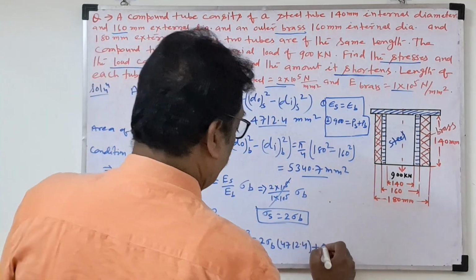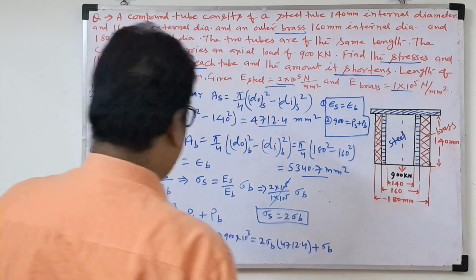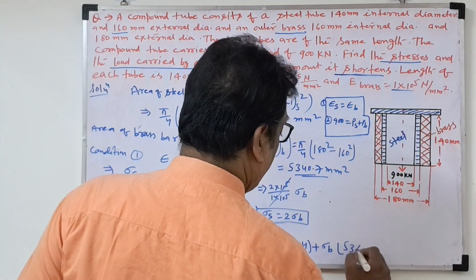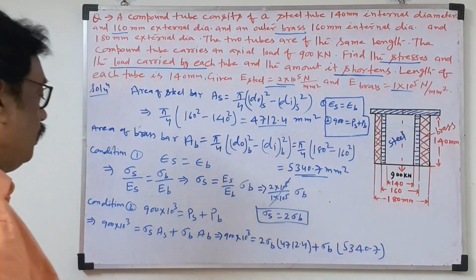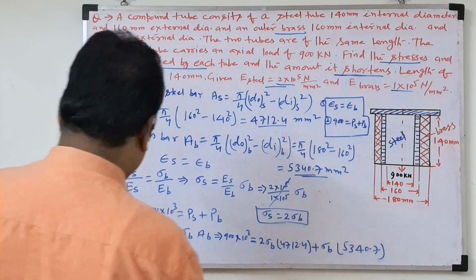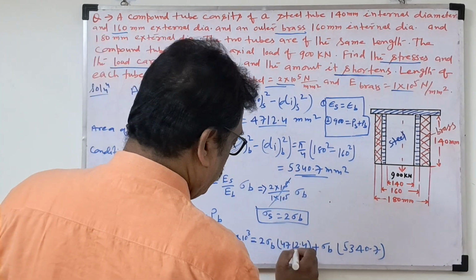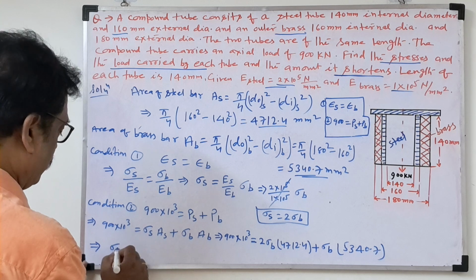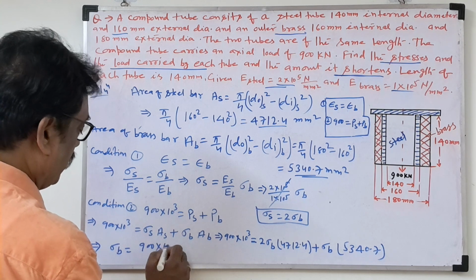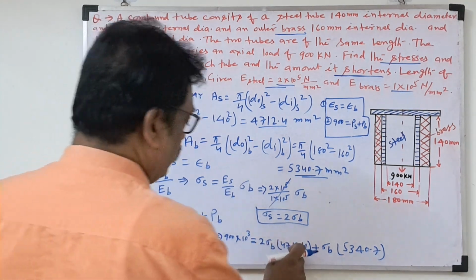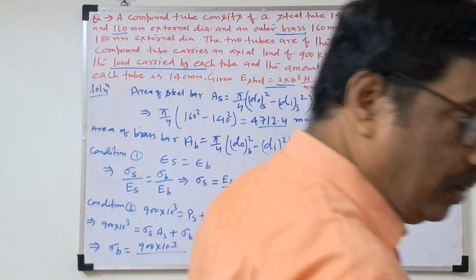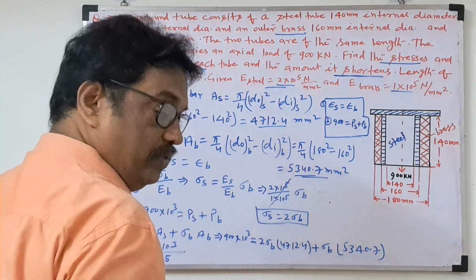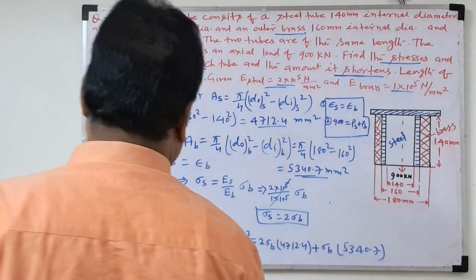Now sigma B as it is, then sigma B in the brass, with the area of the brass being 5340.7. If we solve this, 2 into this plus this, sigma B is equal to 900 into 10 power 3 divided by 14765.5.